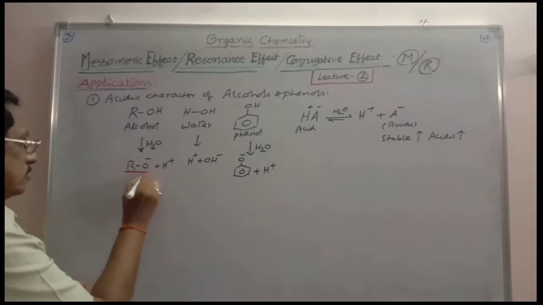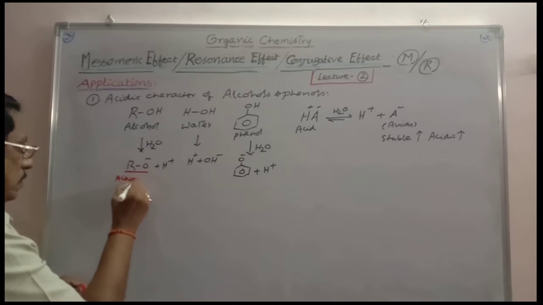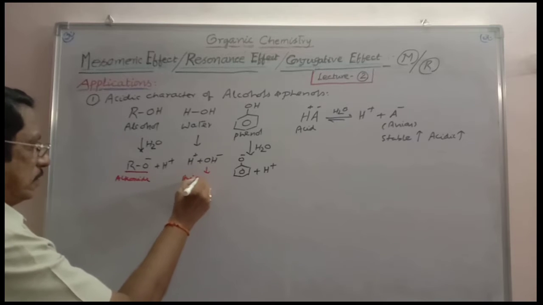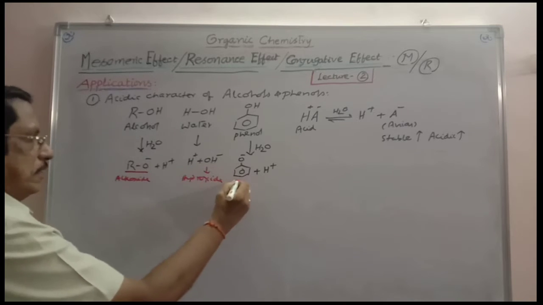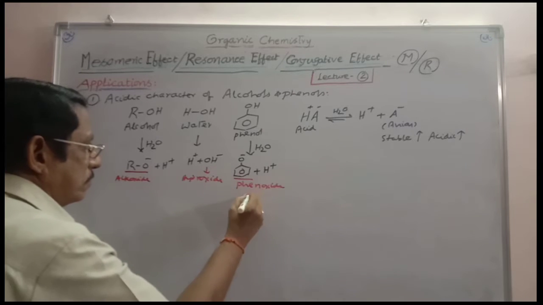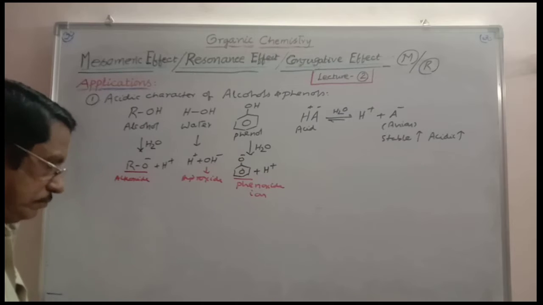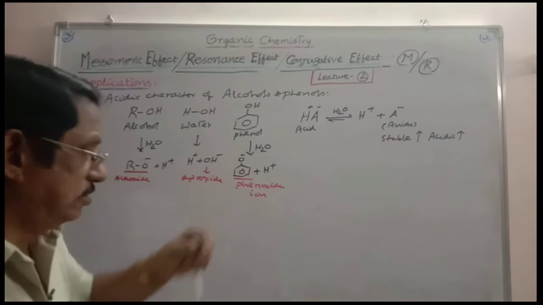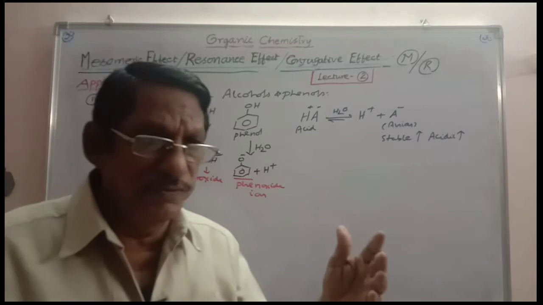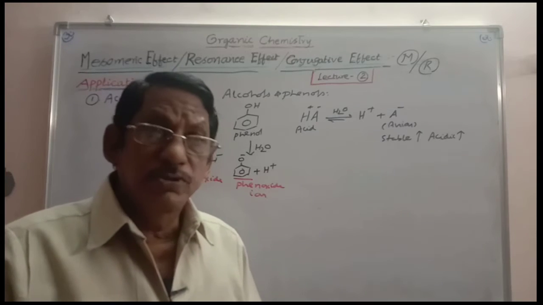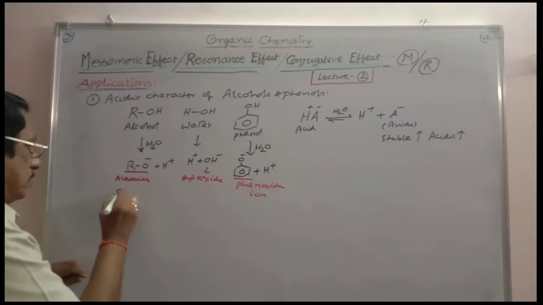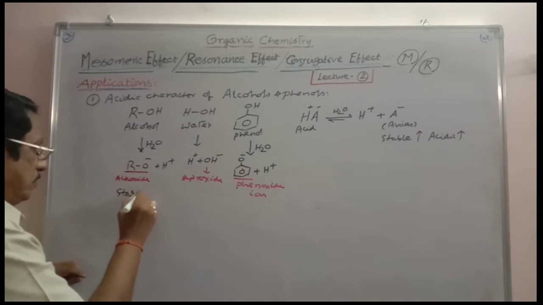You are getting alkoxide ion here, hydroxide ion here, and phenoxide ion here. Out of all these three, whichever is more stable, the corresponding acid will become more acidic. So you have to compare the stabilities of these anions.